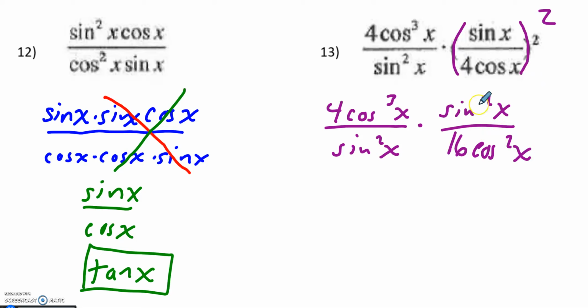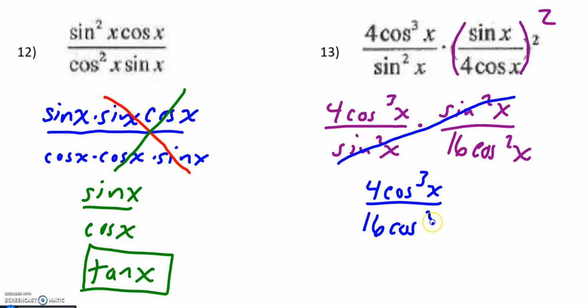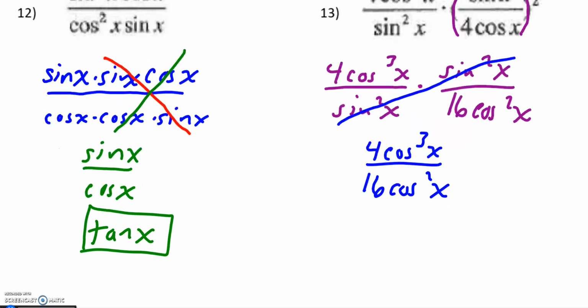So before I write anything out the long way like I did over here, I notice that I have a sine squared x on top and bottom exactly. So these cross out as is. So if I write what's left over a little bit more neatly, I have 4 cosine cubed of x over 16 cosine squared of x. Now, if there's 3 cosines on the top and 2 on the bottom, we're going to have 1 left in the numerator.